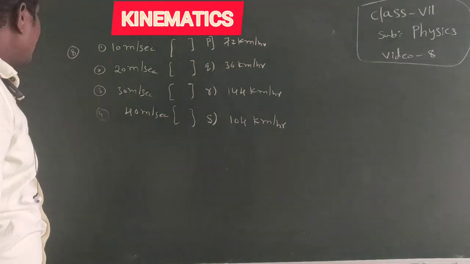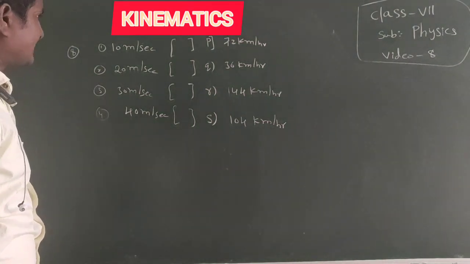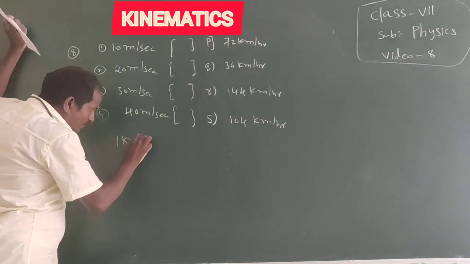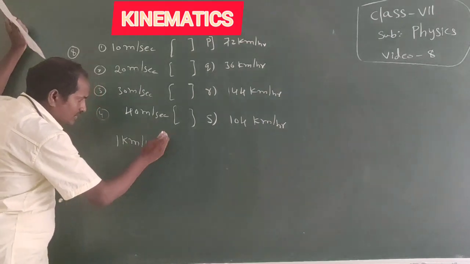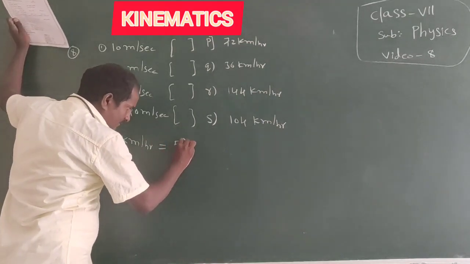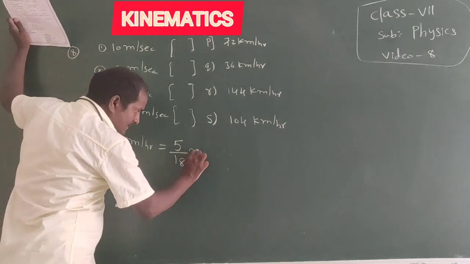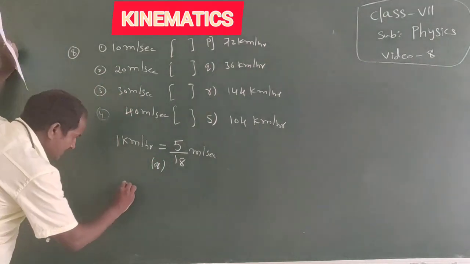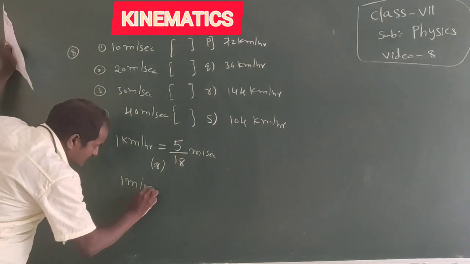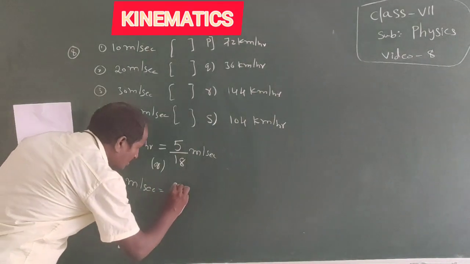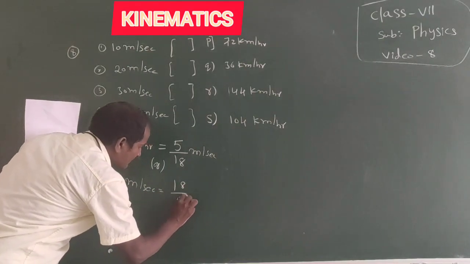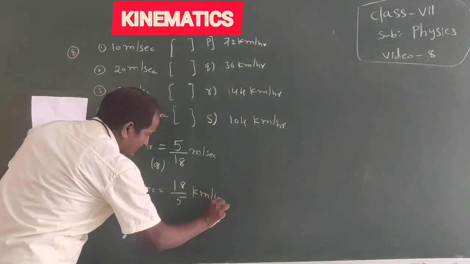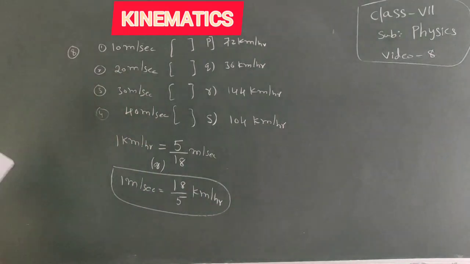So here meter per second is converted into kilometer per hour. So we know that 1 kilometer per hour equal to 5 by 18 meter per second, or you can write like this also: 1 meter per second is equal to 18 by 5 kilometer per hour.